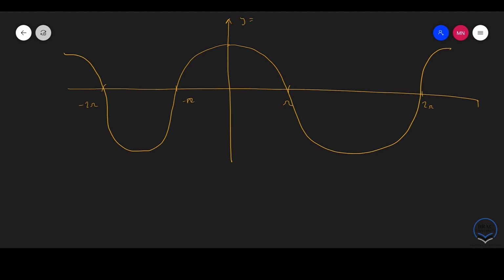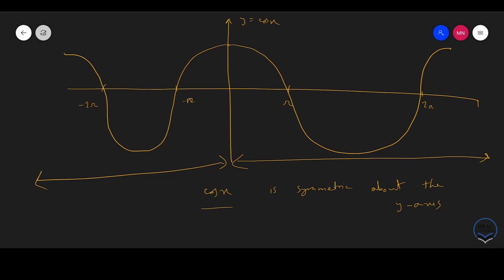Right, so this is the graph of the cosine of x, and the function cosine of x is symmetric about the y-axis. Right, and you can see this for yourself. If we reflect this portion of the graph along the y-axis, I will just get this portion. Right. So cosine of x will be symmetric about the y-axis.